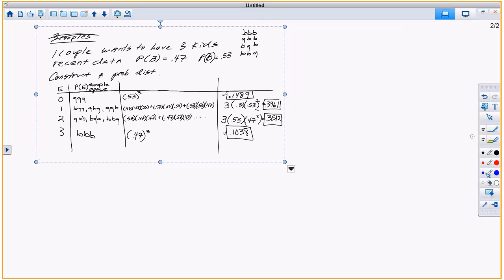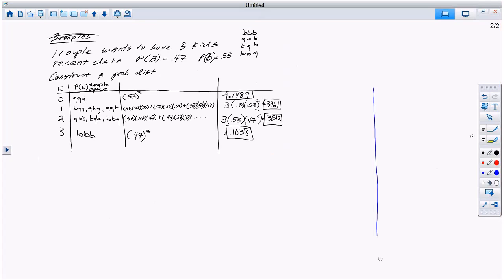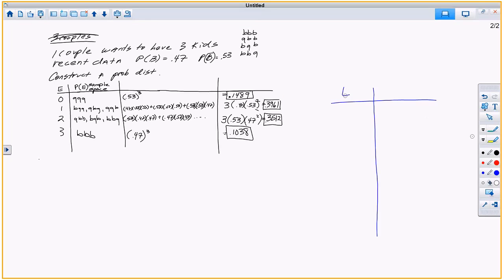Let's go over here in blue. Event, probability of the event. 0 boys, 1 boy, 2 boys, 3 boys.